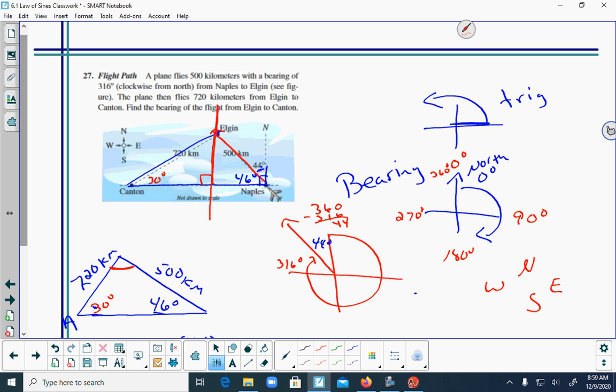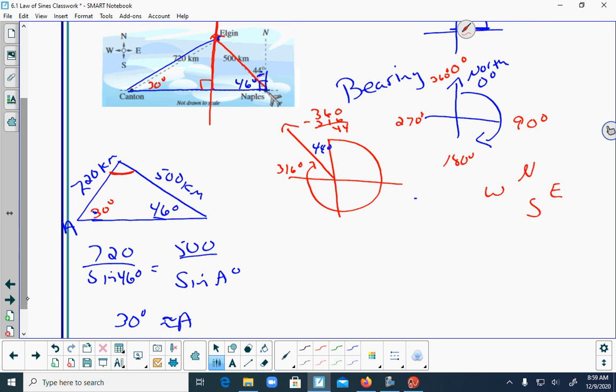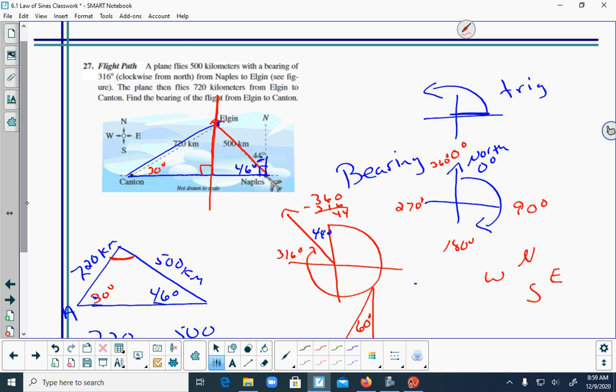So if I draw that secondary little triangle right here, we said this was 30 degrees, and we're making this north. This is the 720, but I really don't need it. If this is 30 degrees, it should make sense to everybody that this angle here is 60 degrees.